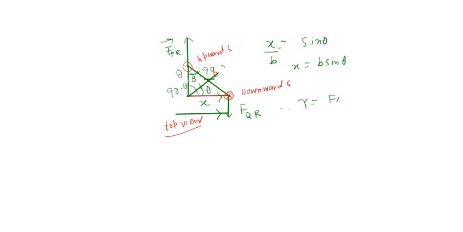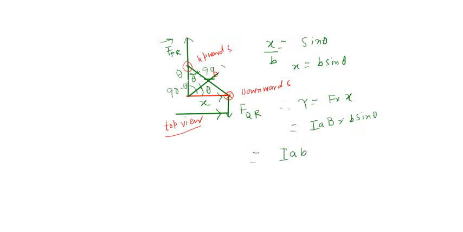The magnitude of the force is IAB, and x we have found out is b sine theta, where b is the width of the loop. So it will be IAb sine theta.